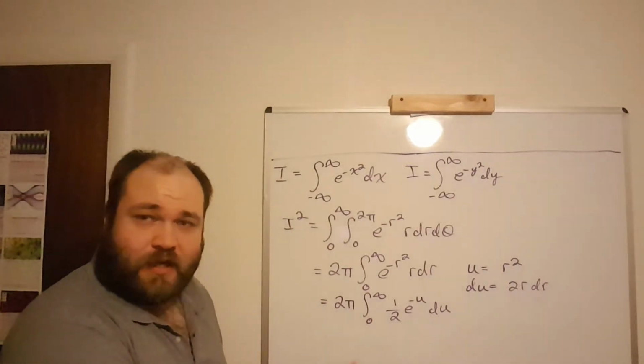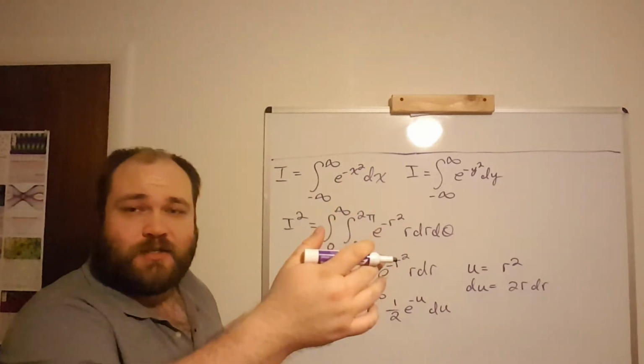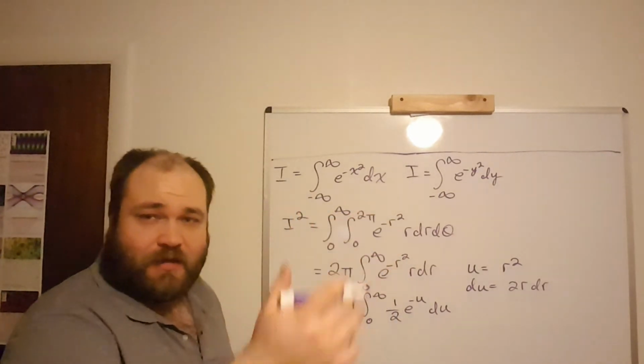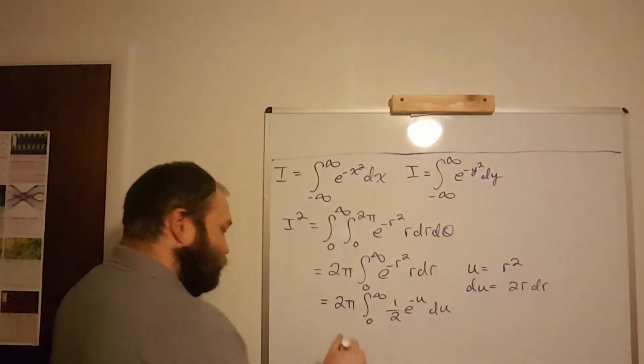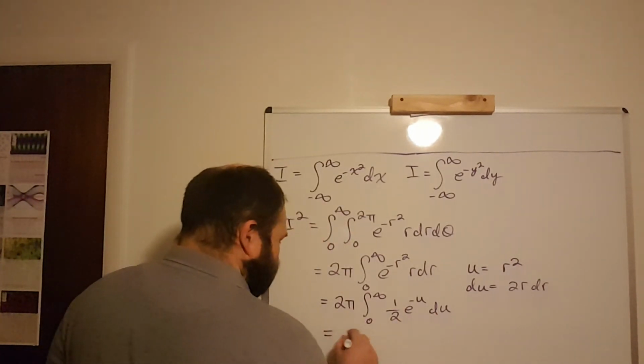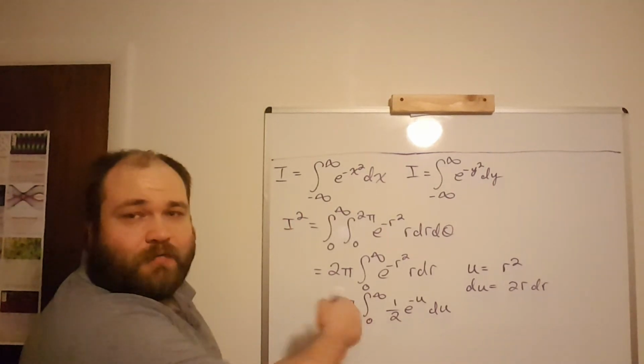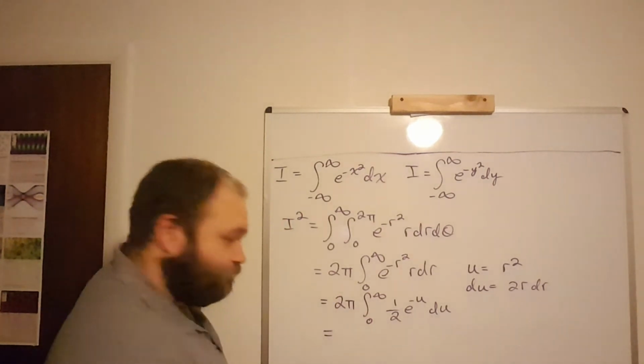So now the next point is just integrating e to the minus u. And we know that the integral of e to the minus u is just minus e to the minus u. And we see that our 1/2 and our 2 cancel each other out.